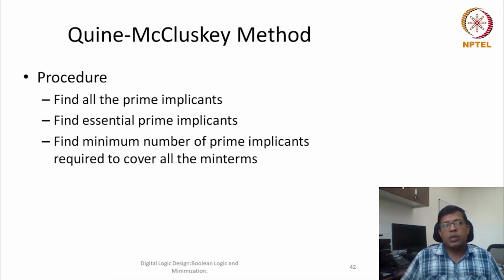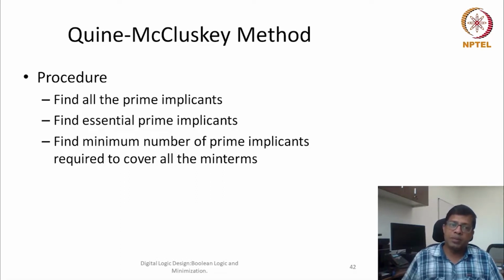So if we summarize the steps in Boolean optimization using K-map: the first thing we were doing was filling the K-map with all the ones or all the zeros, and the second was grouping them to form the prime implicants.